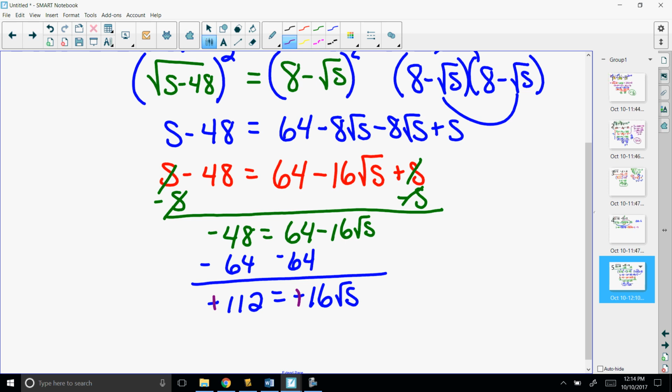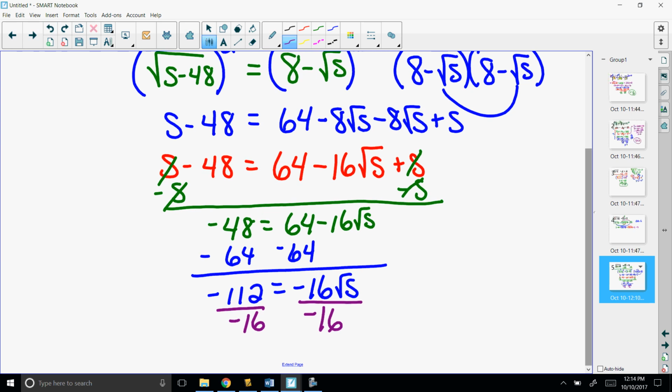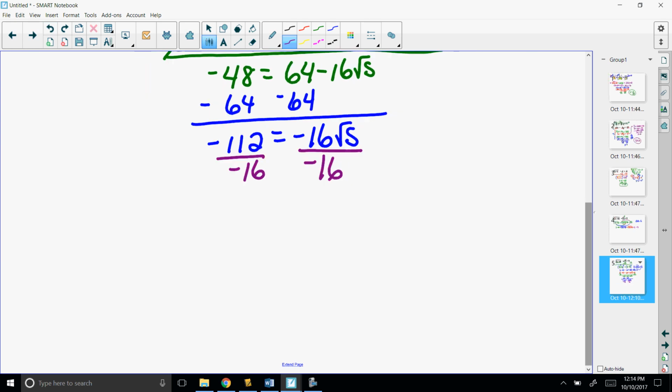All right. Now what do you want to do? Okay, divide by 16. I'm just going to back up and say, look at both sides and divide by negative 16. What does that give you? Radical s equals something. Negative divided by a negative is a positive.